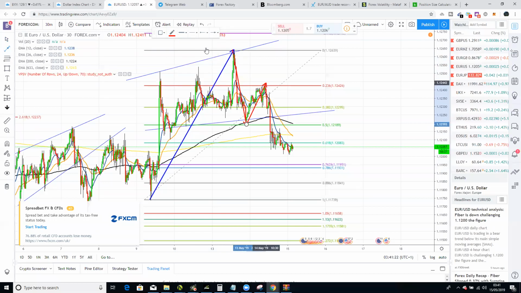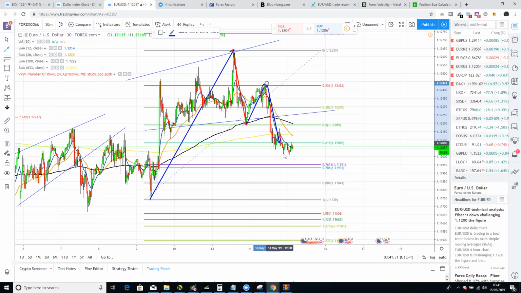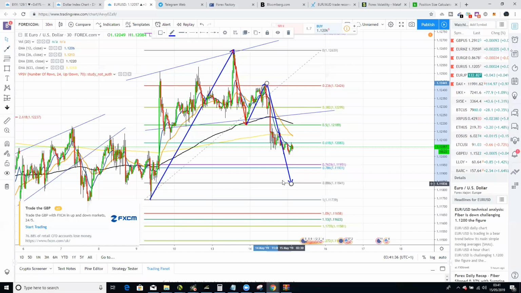All right, and then now we are looking for what? That particular sell-off into the 88.6 zone. So for this particular trading opportunity, it has not yet activated. It's obviously in the making, and this is our D point.